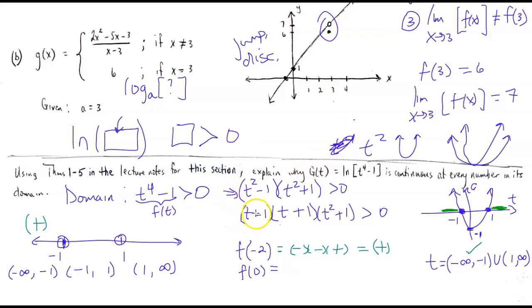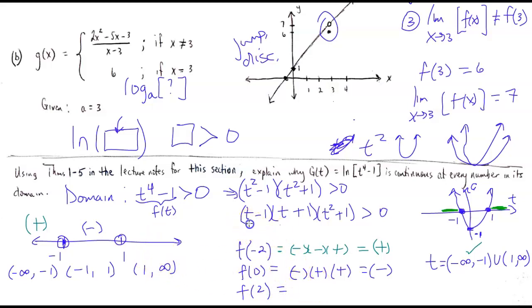If I was to plug in 0 here, I would get a -1, which would be a negative value, +1, which would be a positive value. And of course, the third one would always be positive. So we get a negative number there. And that corresponds to this graph being below the x-axis here. We don't want that. And then of course, for the last one, we could pick the number 2 in this interval.